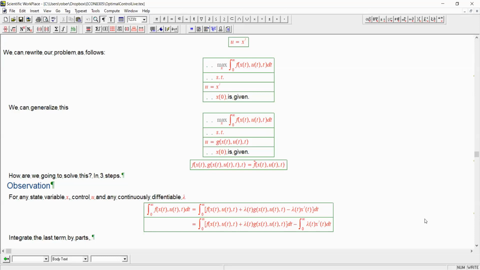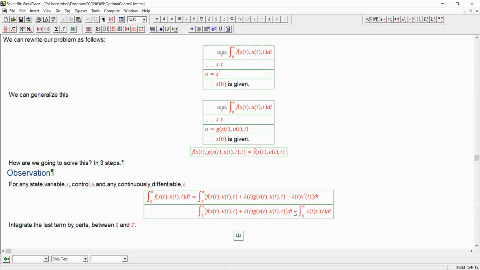Not between 0 and infinity, but between 0 and some number t. So let's take this term, but we're integrating up to big T. Of course, if we had a finite horizon, then this would be sufficient. We have an infinite horizon, so we have to do a little extra work.